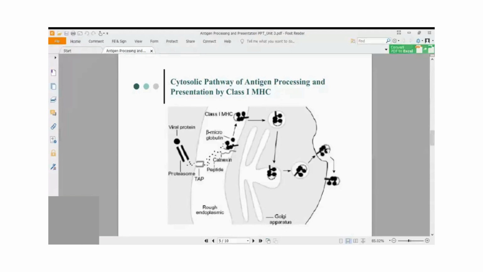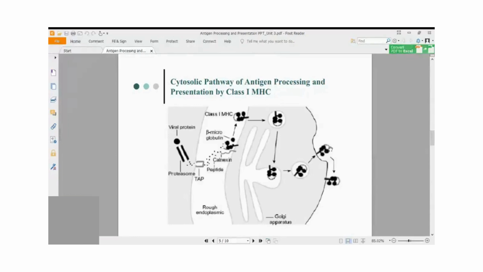And when that class 1 MHC now presents that viral peptide or bacterial peptide, that is going to be recognized by the immune cells as a non-self protein. If it is presented by the antigen presenting cell, well and good.